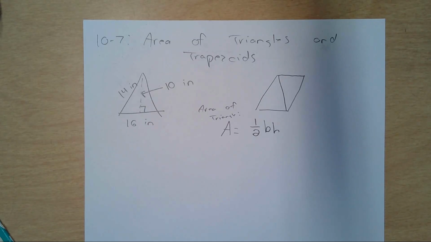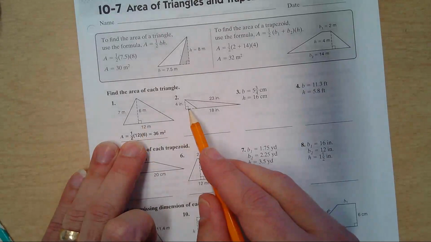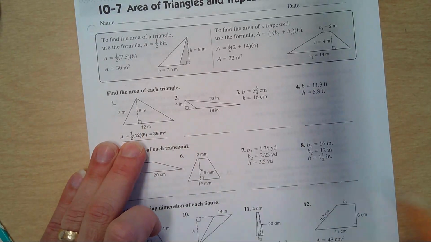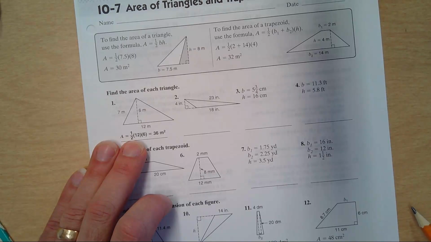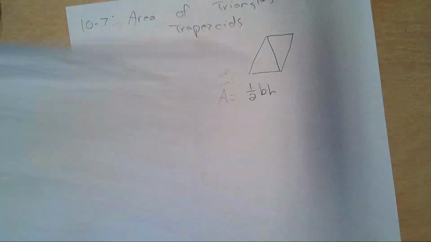So very similar to the parallelogram formula, where the base and the height will again form a right angle. So that's what we're going to be looking for here. We're going to be looking for that right angle to be formed here.